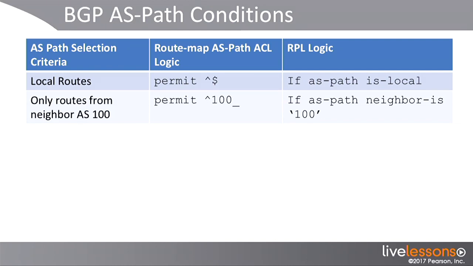In IOS you define it as permit, caret sign, AS number, and underscore. In RPL, we have the simple statement: if ASPath neighbor is from the AS number. You can notice how simple it is to define the logic in RPL compared with Cisco IOS or even Nexus OS devices.